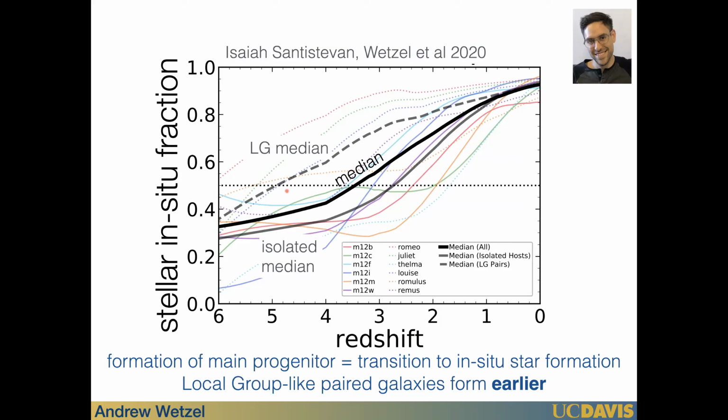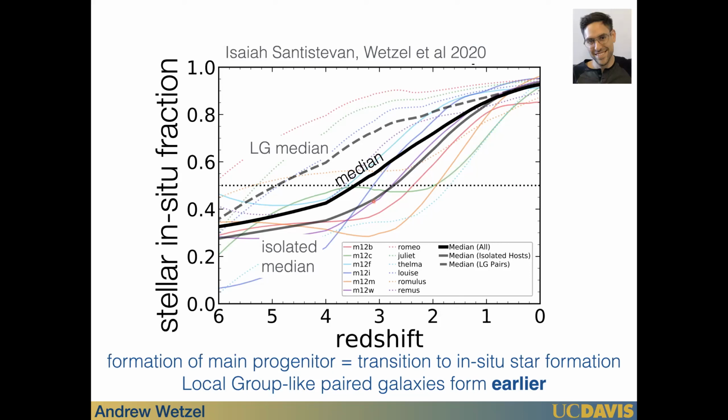So the galaxies in local groups transition to primarily in situ star formation significantly earlier than our simulations of relatively isolated Milky Ways. And it's simply because the galaxies forming in halos in local group environments form stars in their main progenitor sooner than galaxies forming in isolated halos.